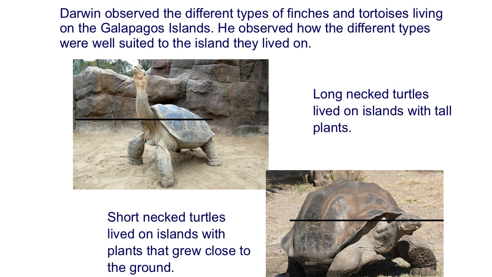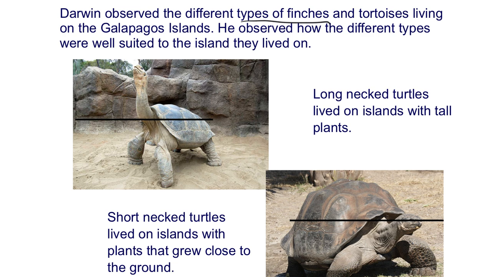There was a huge amount of biodiversity in the types of finches, a bird. It was obvious to him that all these different types of finches had arisen from some common ancestor that wasn't around anymore, because over time he figured, because of competition, the finches had to compete with each other for the food on these islands.